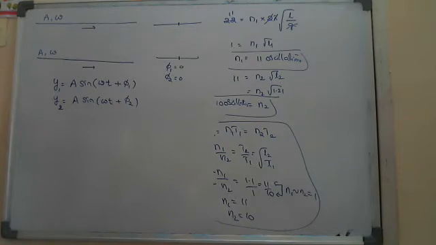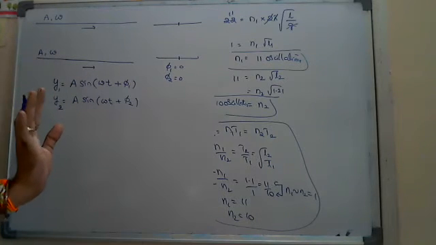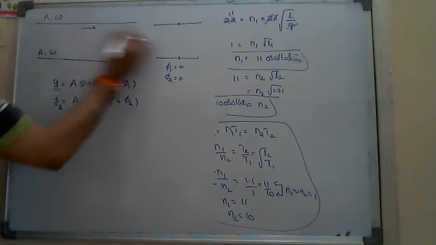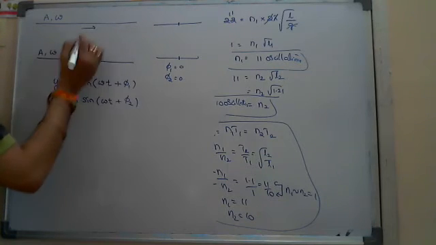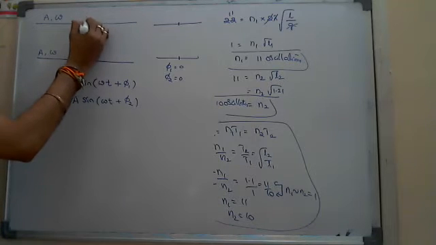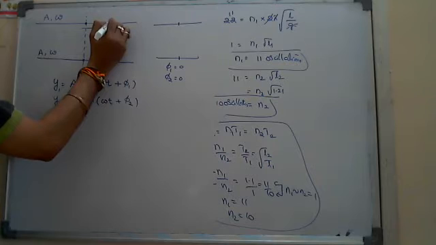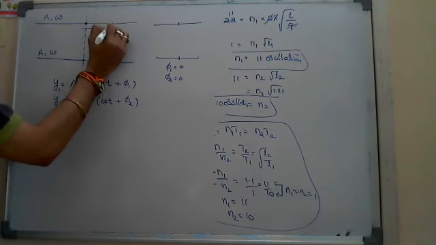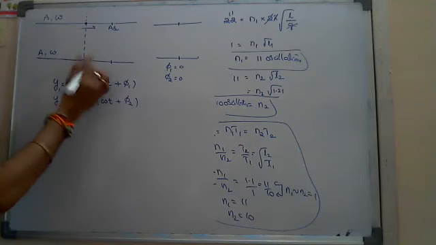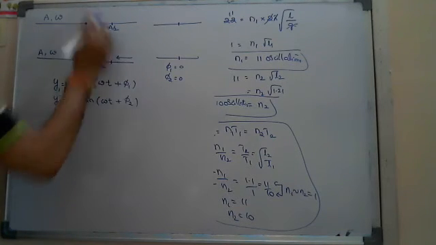Each time, means while oscillating, he did not say they start in opposite direction. He said what? While oscillating, okay, they cross each other. Suppose these are the mean positions. This is the mean position of first one. This is the mean position of second one. When the displacement is exactly a by 2, means from mean position, a by 2, they cross each other in opposite direction.